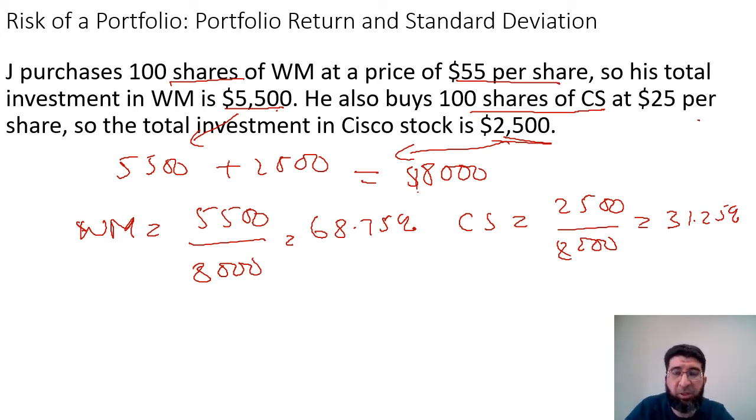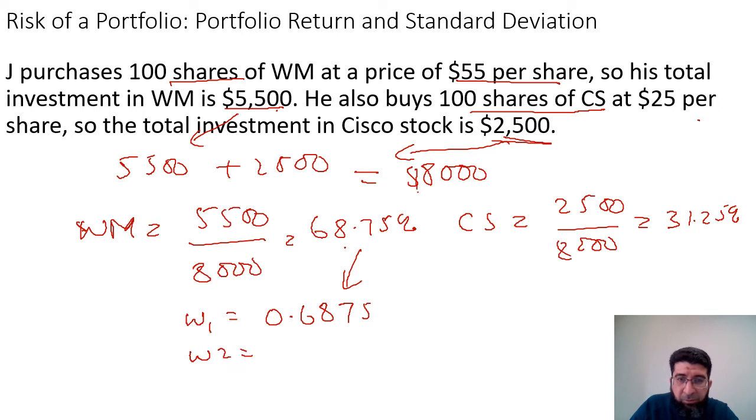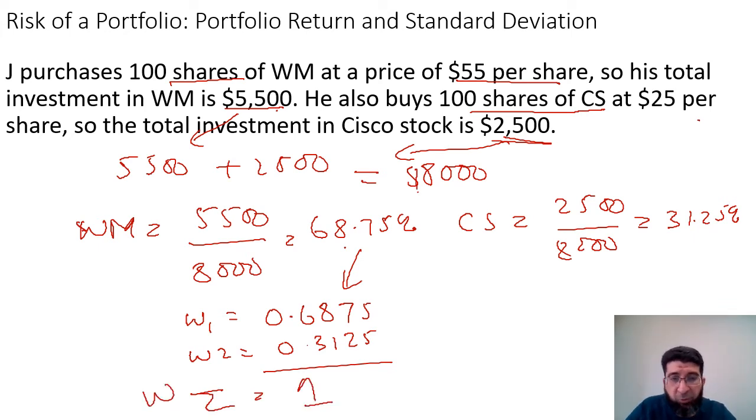If you have two assets, you can subtract 100 minus 68.75, and whatever is left is the rest of the asset. Anyway, we move forward. We can say W1 equals 0.6875 for WM, and W2 equals 0.3125, and when you add the two weights, they equal 1. So weights always sum to 1.